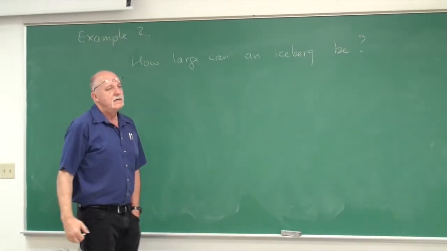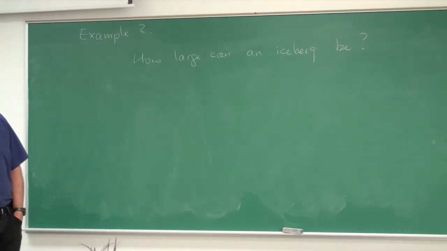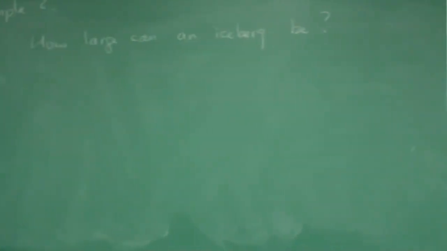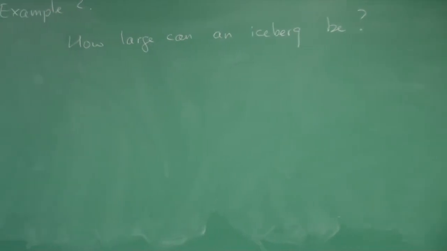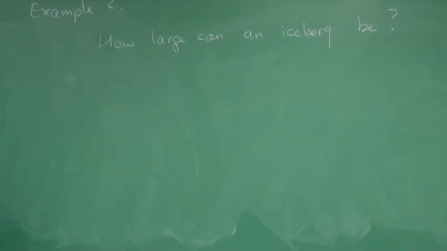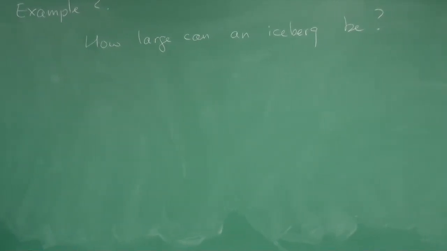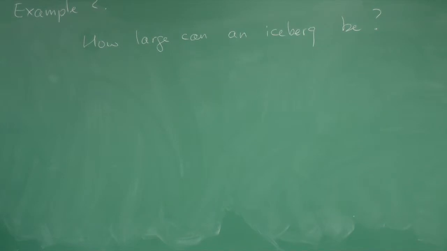Icebergs used to be important because Titanic sank because of one, but they're important in other ways too. But it's interesting to ask, how big are they? And of course that can be pretty small, right? And melt eventually they're all gone.